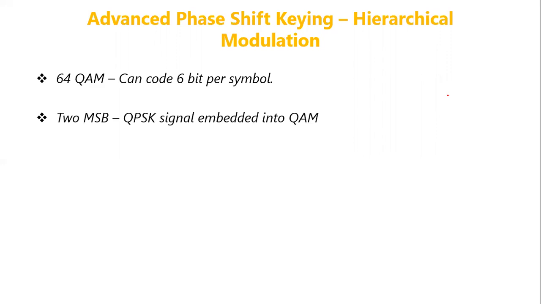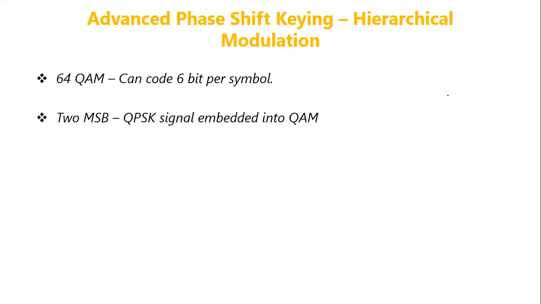And out of these 6 bits, the 2 MSB bits represent the quadrature phase shift keying signal, and the remaining 4 bits will be of QAM, quadrature amplitude modulation.